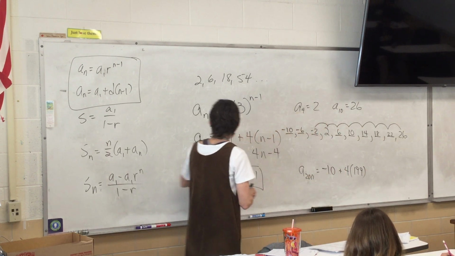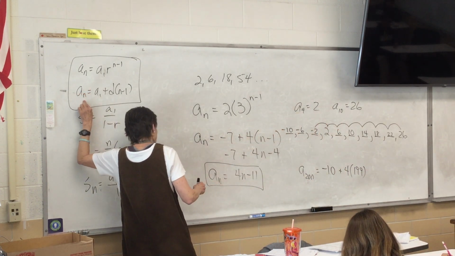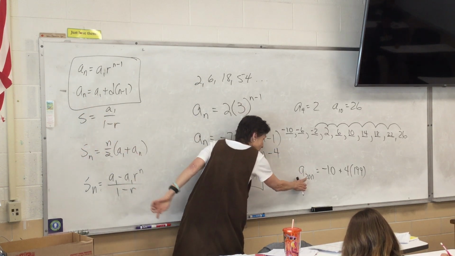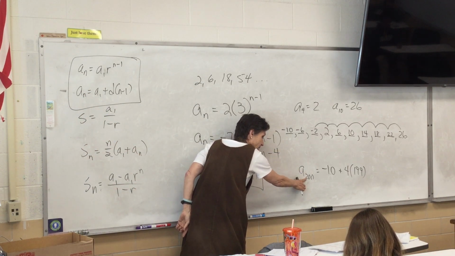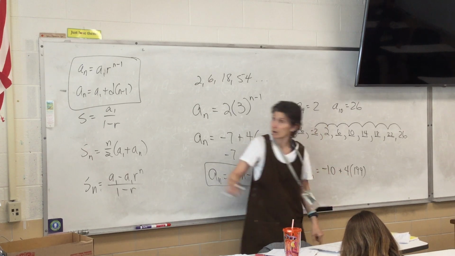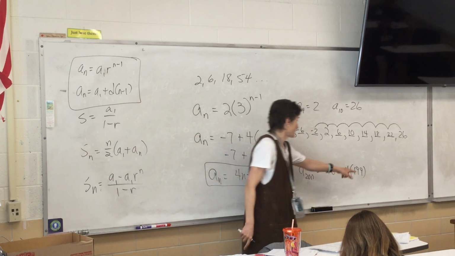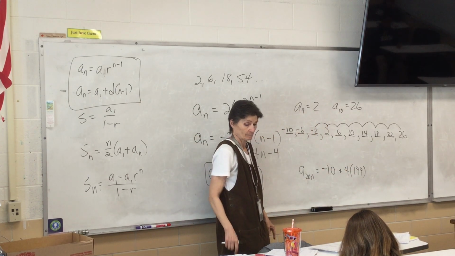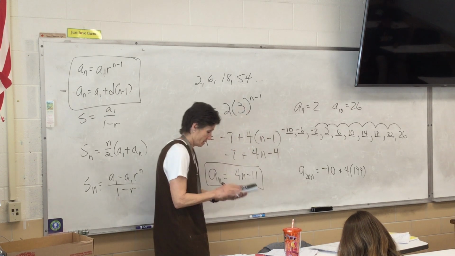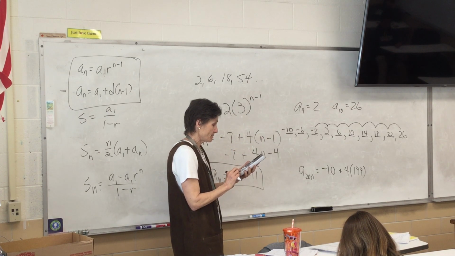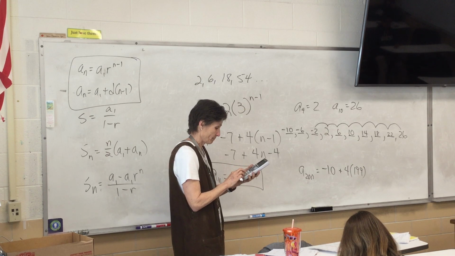Remember, kids, in the formula, it's a sub n. So n is 200 in this problem. So n minus 1 is 199. All right, so what's the 200th term?